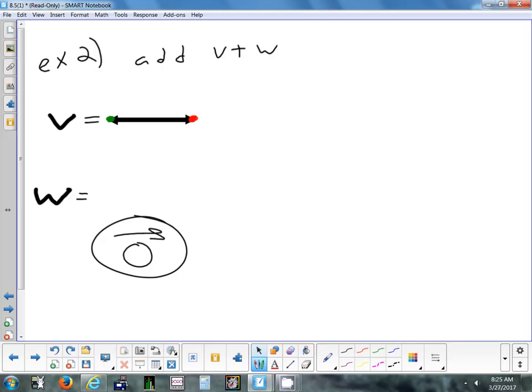Any question on that? Make sure you always put the arrow on top if you're talking about a vector. If you're doing something numeric, like adding numbers, -2 plus 2, that's the number 0, not the vector 0.